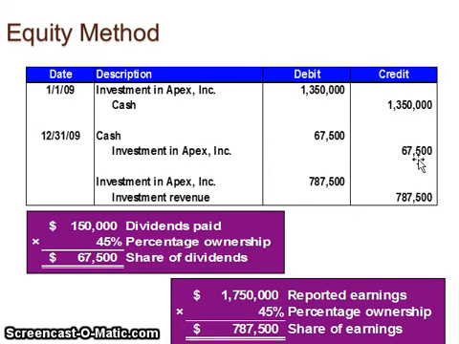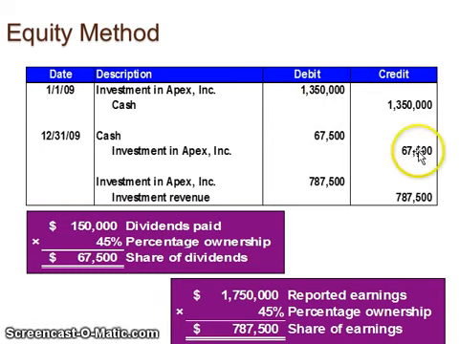On the flip side, Apex also made money this year. They had $1,750,000 in earnings this year. Our 45% ownership of that is $787,500. Since that company is 45% ours, we're increasing our investment in Apex by $787,500. Originally it was $1,350,000.